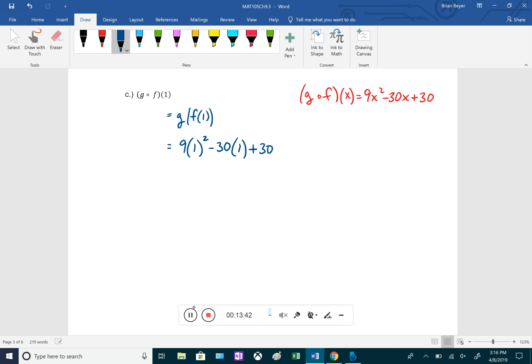So the 30s are going to actually cancel out, and we're going to be left with 9. So g of f of 1 equals 9. Okay, so once again, we could have evaluated f of 1 first. We could have gotten a value and plugged that value into g of x, and that would have given us 9 as well. Okay, so that is it for this section.